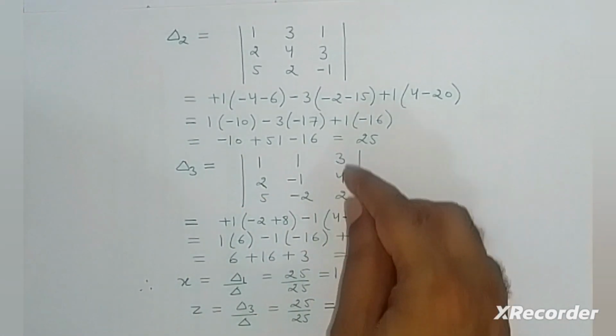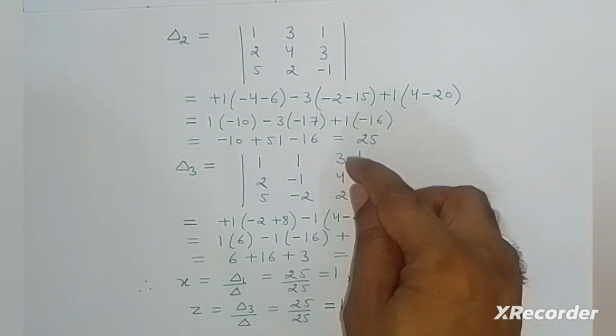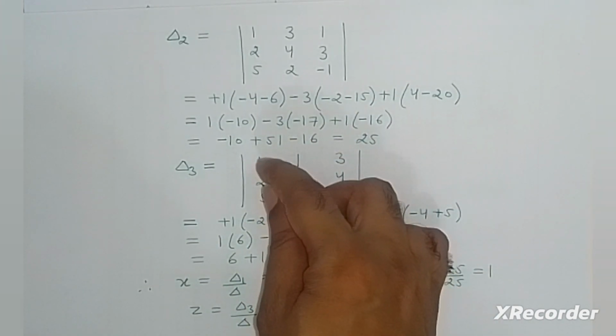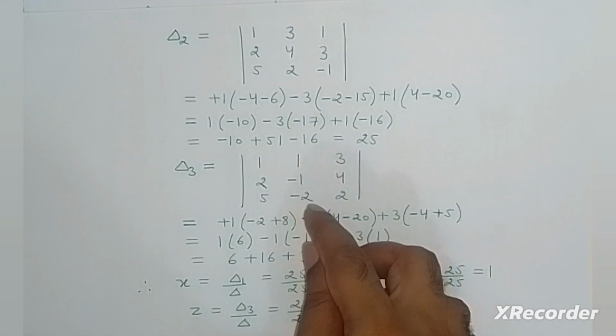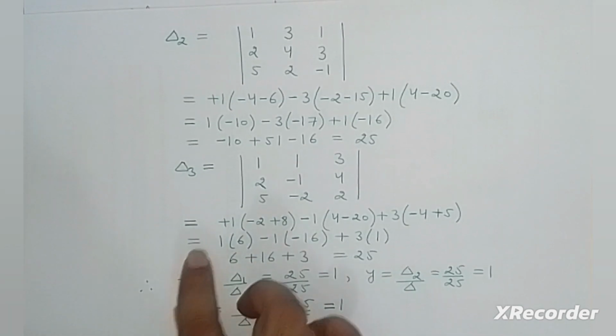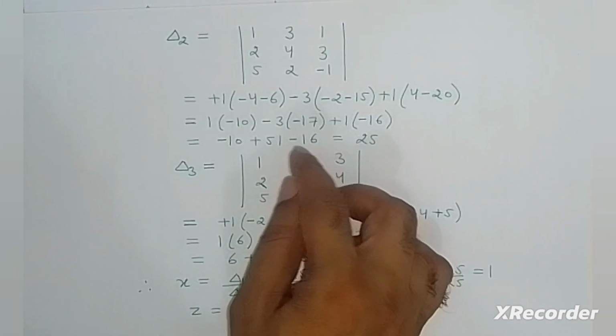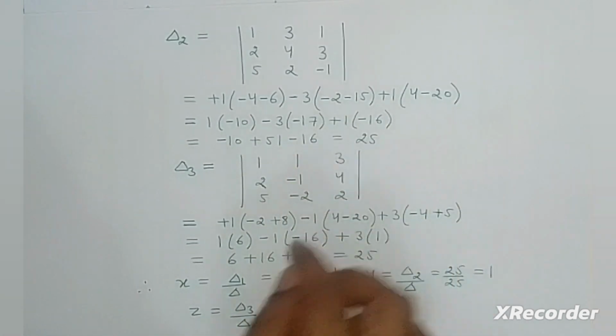Now we replace the third column with 3, 4, 2, and the first two columns are the same, that is 1, 2, 5 and 1, minus 1, minus 2. Then we expand from the first row, plus 1 minus 1 plus 3.